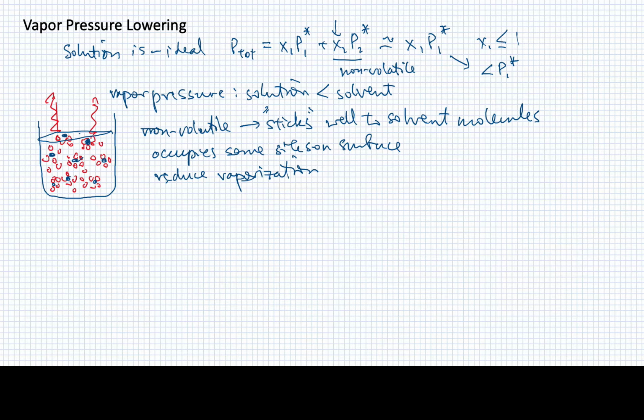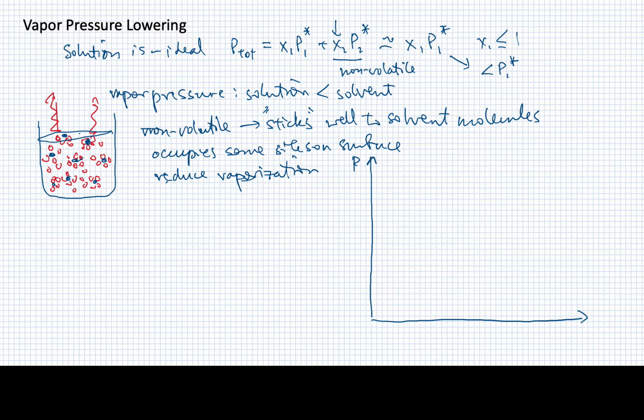But why would this be connected necessarily with freezing point depression and boiling point elevation? Let me show you why this would be the case by drawing a phase diagram. I'm going to draw a phase diagram over here, and initially what I'm going to draw is a phase diagram of the pure solvent.